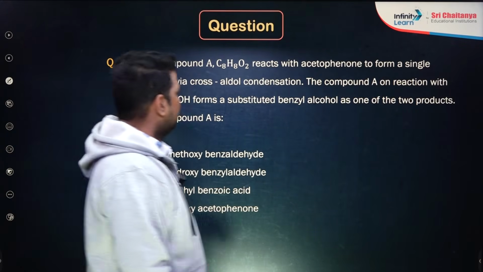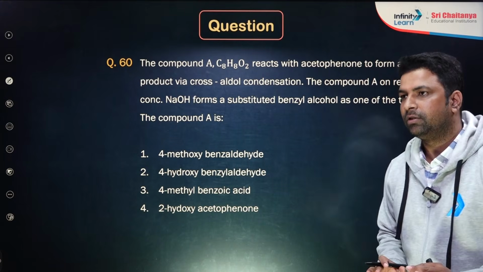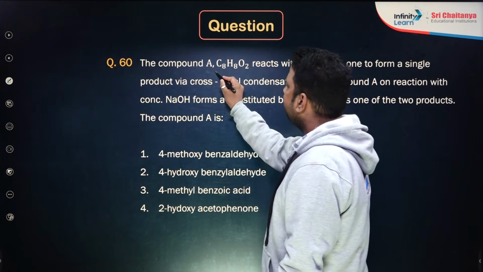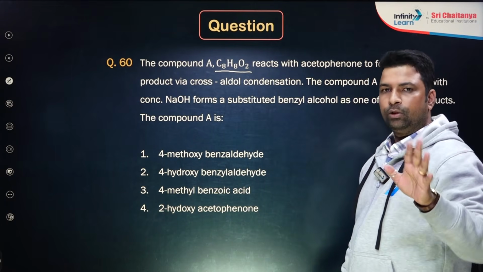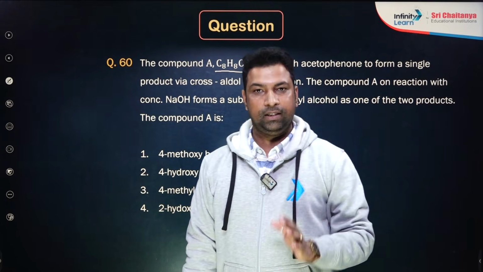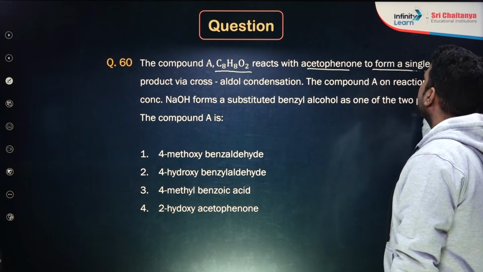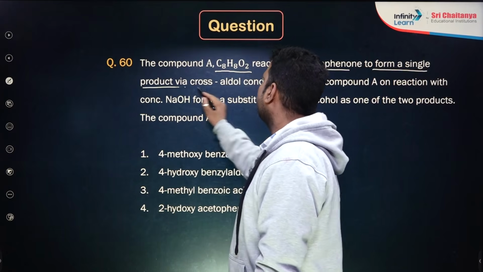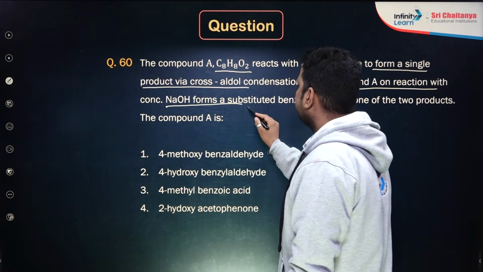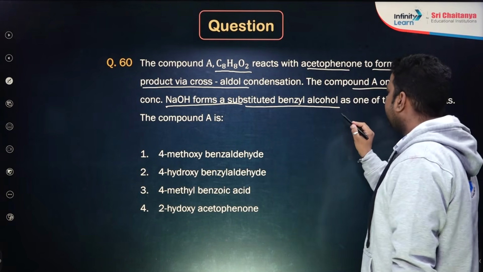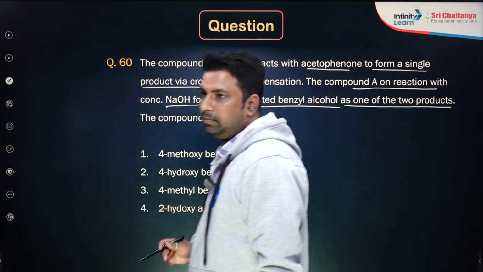Okay. This is again from the aldehydes and ketones chapter. Easy question. C8H8O2. When carbon and hydrogens are almost similar, then we can guess about benzene. Benzene should be there. It reacts with acetophenone to form a single product via cross aldol. The compound A on reaction with NaOH gives Cannizzaro also.